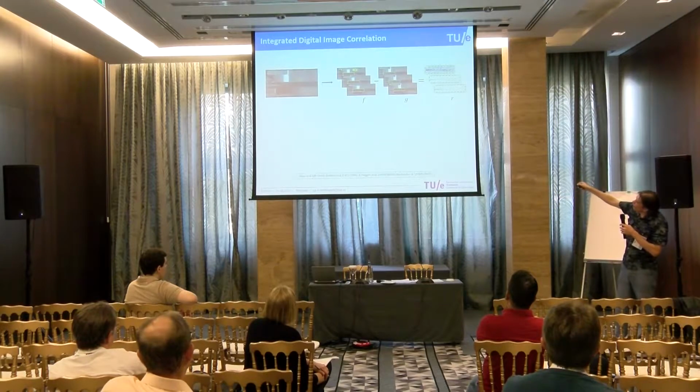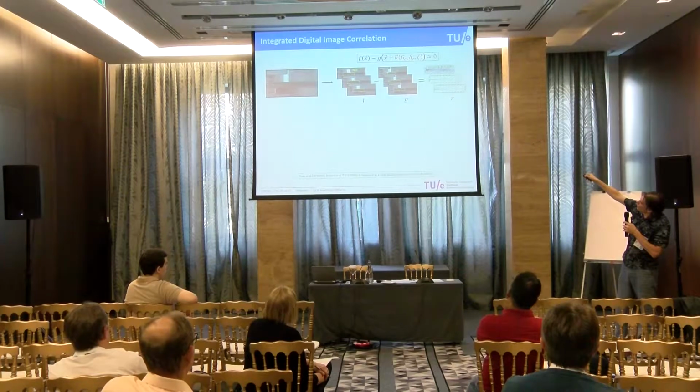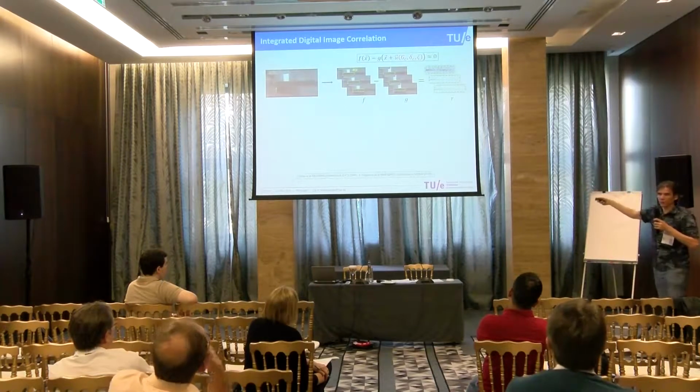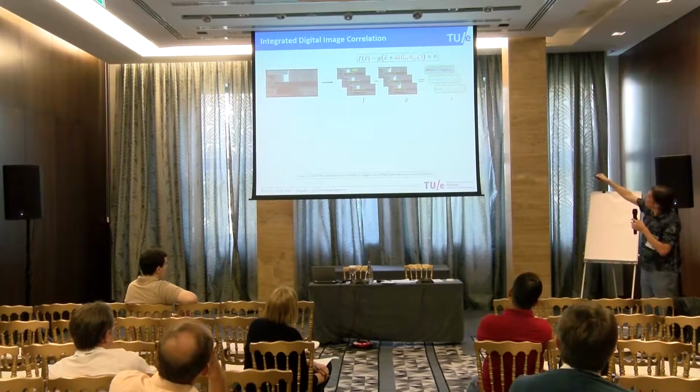However, we know that the brightness follows the material. So if we do not do a direct subtraction, but subtract the brightness at the material point from the brightness at the displaced material point in the deformed image, then this should be 0. That's the whole idea of brightness conservation, but it means that we need to have the displacement field.